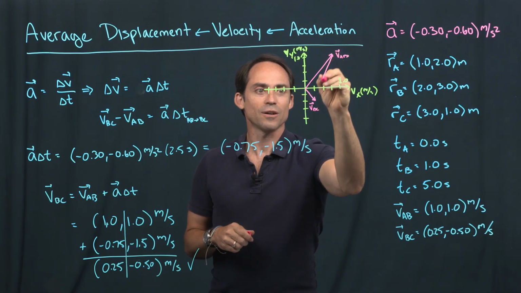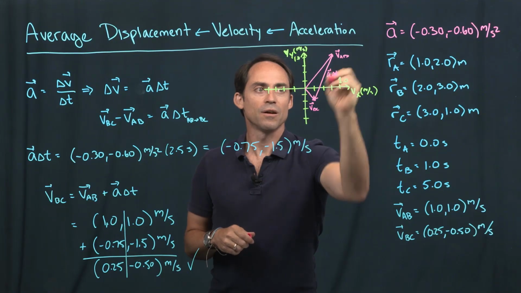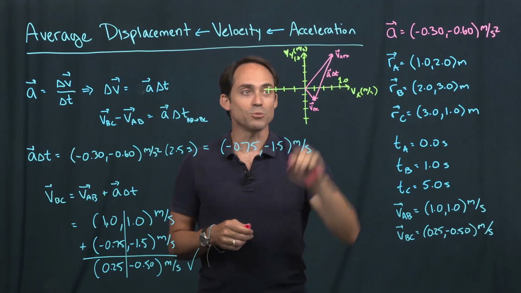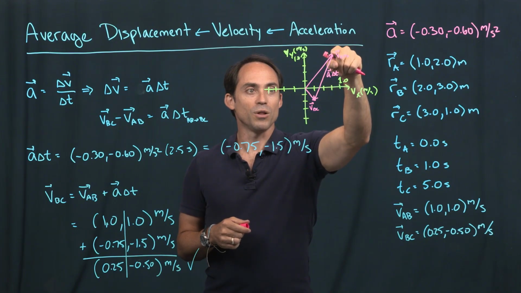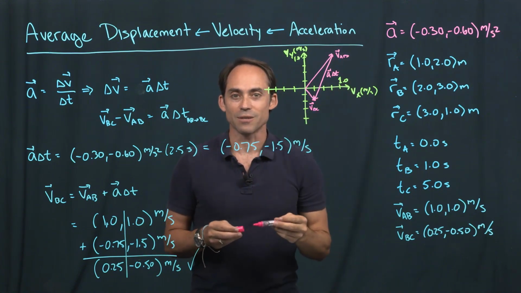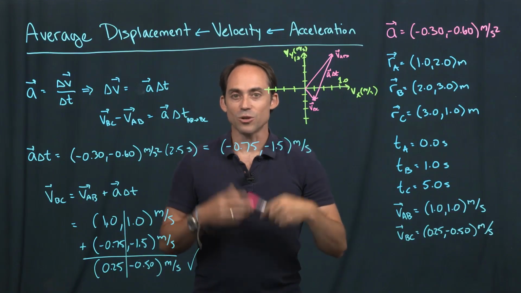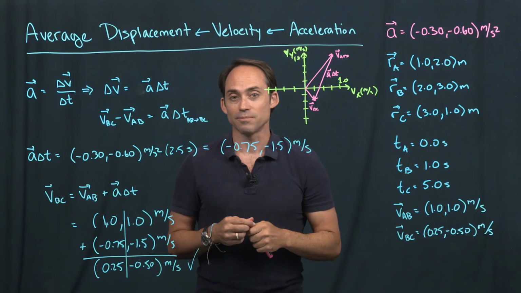That vector indeed gives us our graphical vector algebra. VAB, tail to head, plus A delta t, tail to head, the resulting vector is exactly the velocity vector we're looking for. So again, this is a good way of double checking graphically whether the numerical calculation was correct.